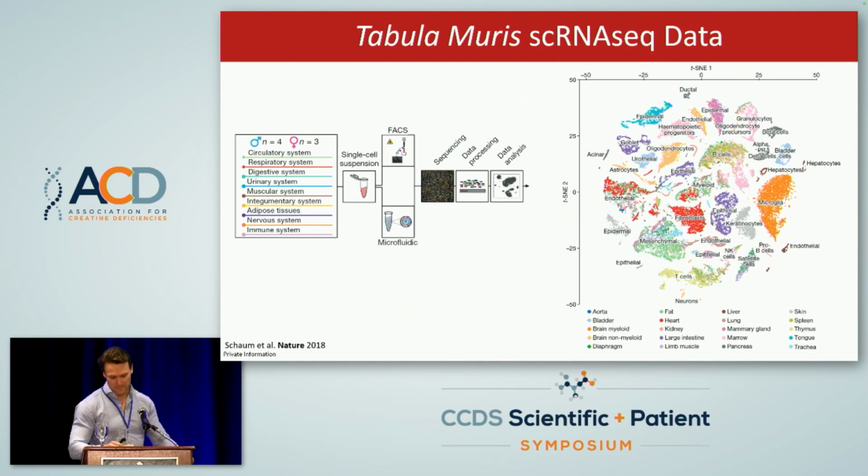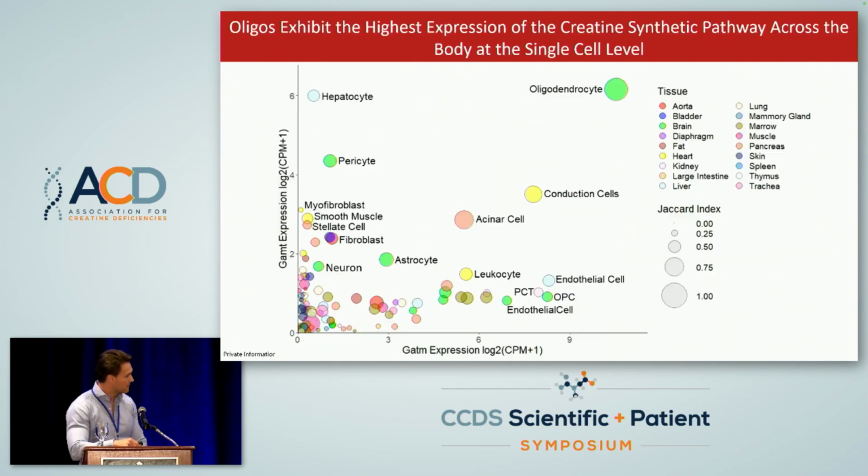We thought about this project because in 2018, there was a nice publication where they took a mouse, separated all the cell types in the mouse's body, and then measured RNA expression in each cell type. When you do this, you get a map of where each gene is expressed throughout the entire mouse body at single-cell resolution.